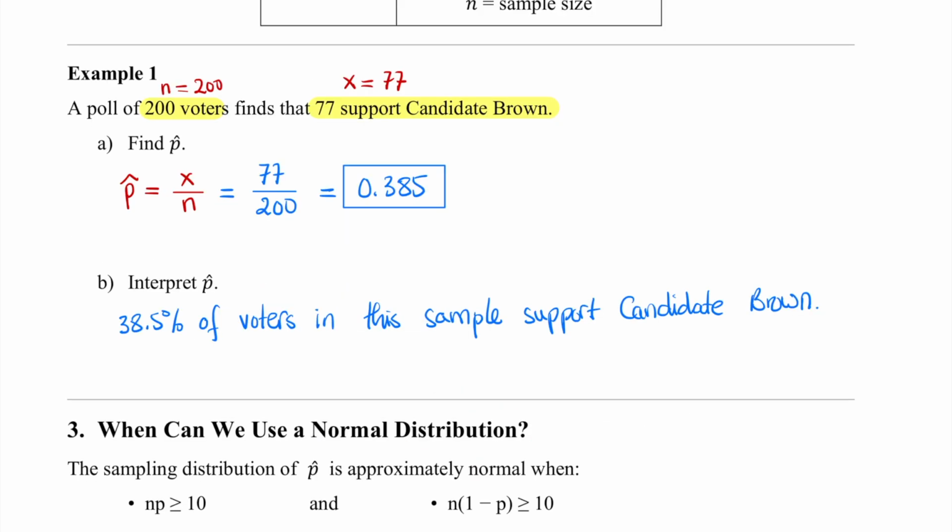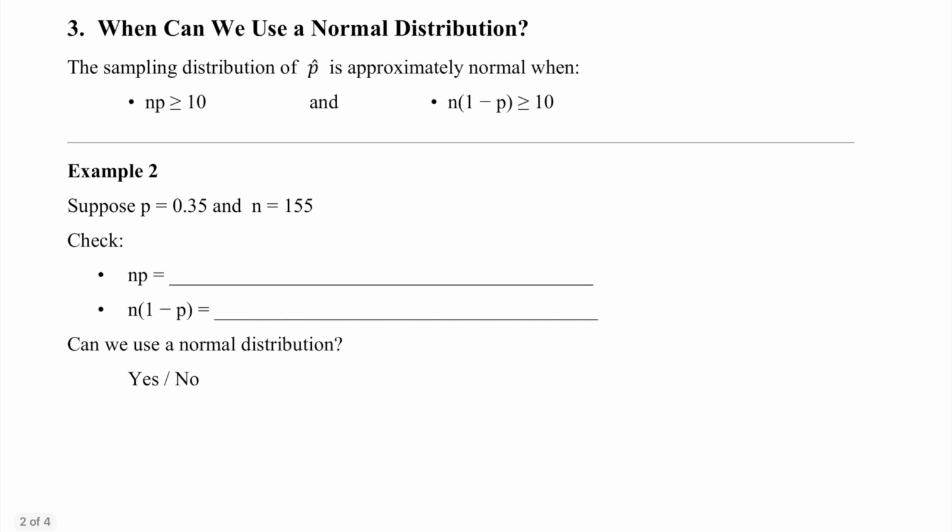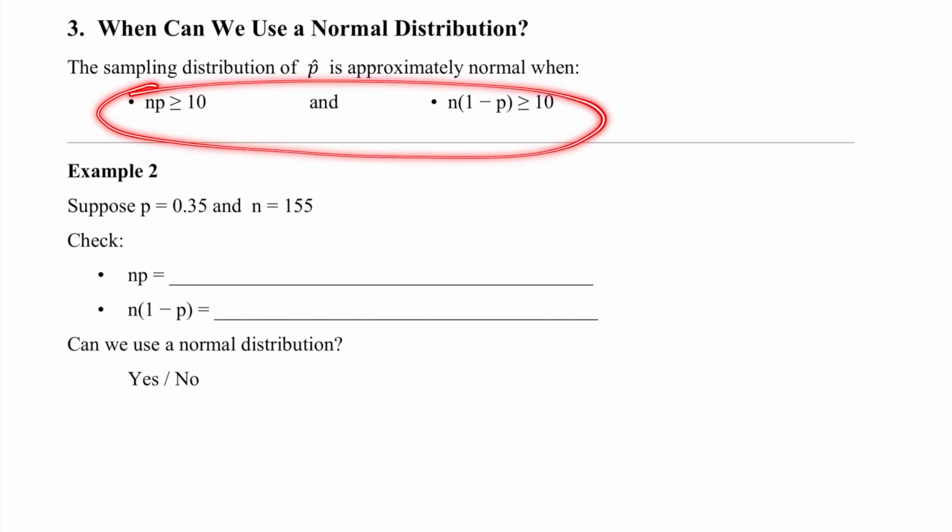Now that we know how to calculate the sample proportion, the next question is, can we model a sampling distribution using a normal distribution? The answer depends on two conditions. We can use the normal distribution if both of these conditions are satisfied.